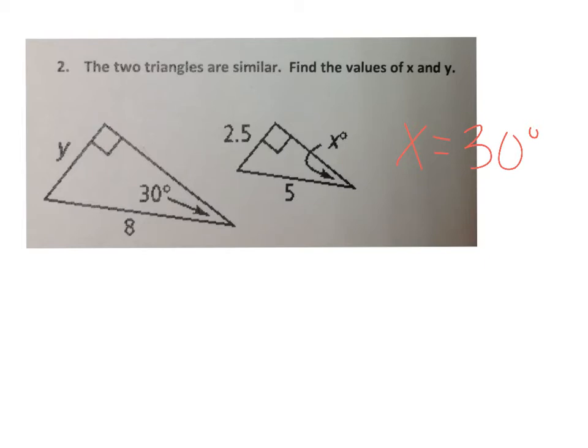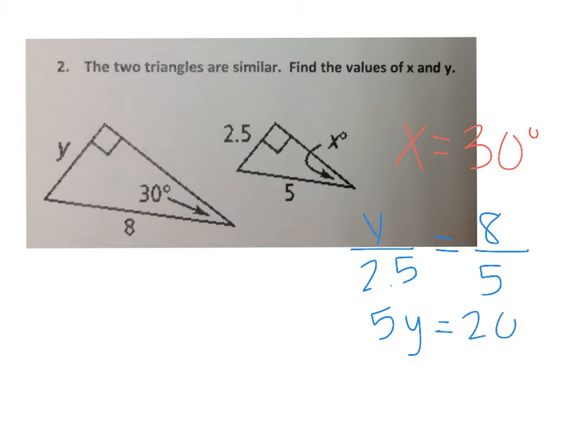So we're going to make a proportion. I'm going to start with a number on the left. So side Y matches up with 2.5 is equal to side length 8 matches up with the 5. To solve a proportion, we're going to cross multiply, and we get that 5y is equal to 20. And when we divide, we get that y is equal to 4.